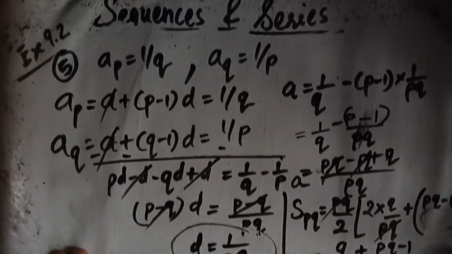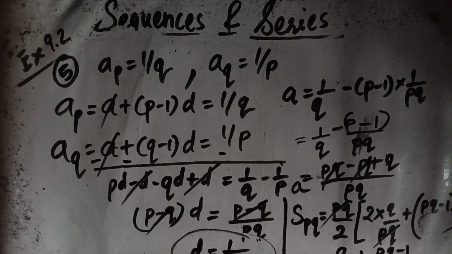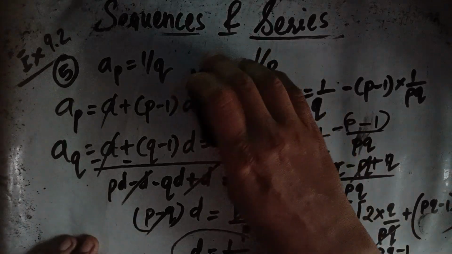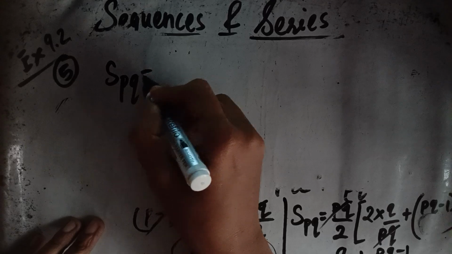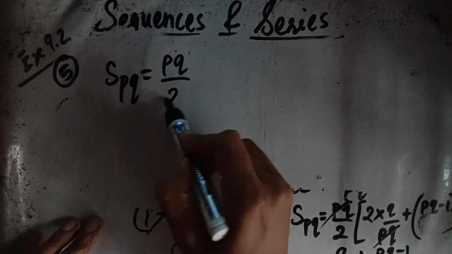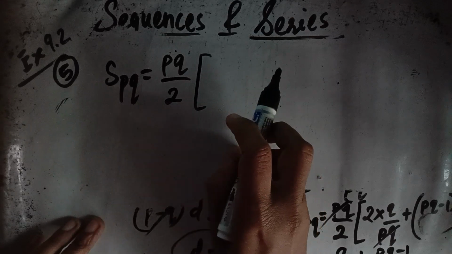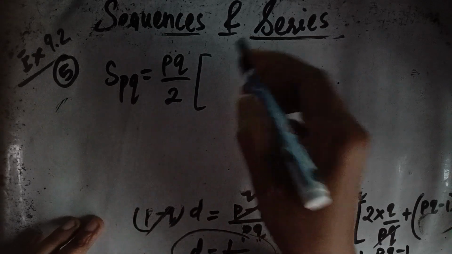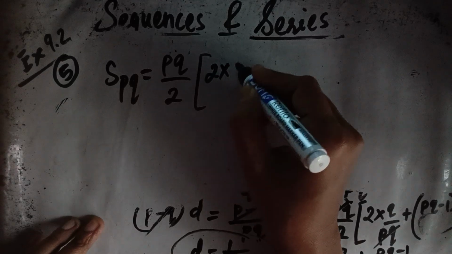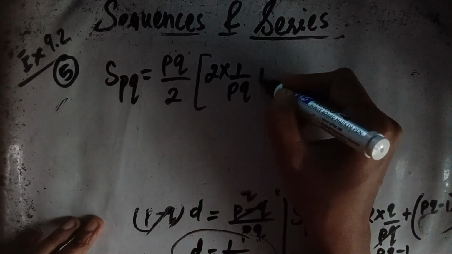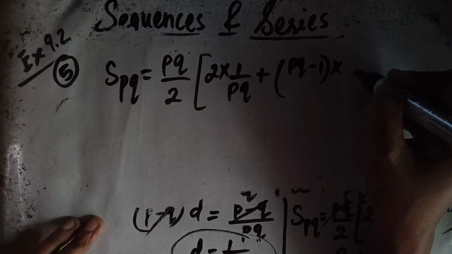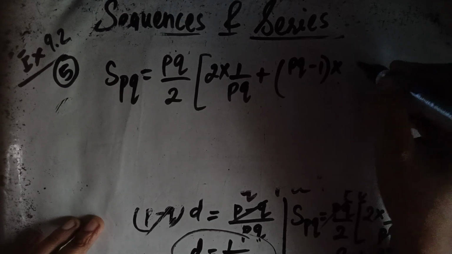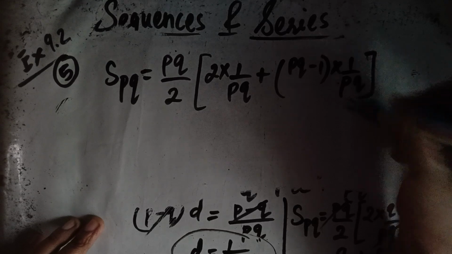Or I'll write it once again. This is S pq, n is pq. a is our 1 upon pq. So 2 into 1 upon pq plus n minus 1, pq minus 1 into d. d is 1 upon pq. Okay.